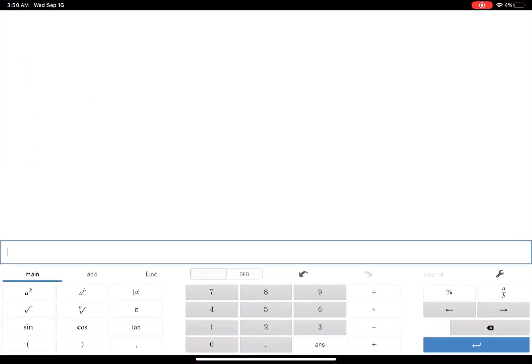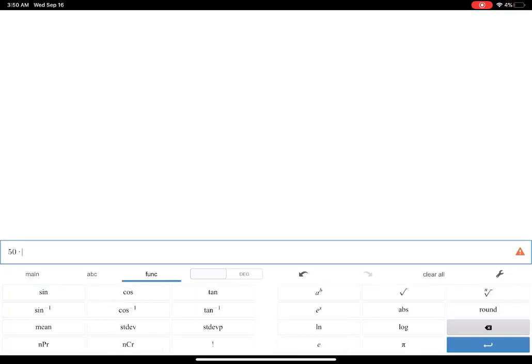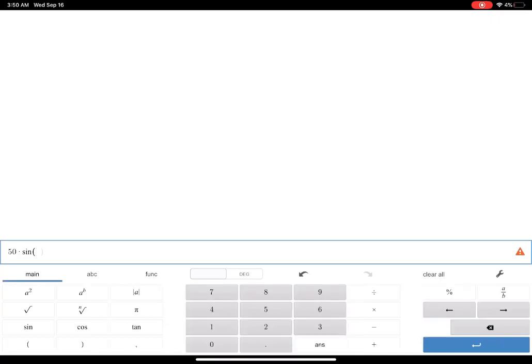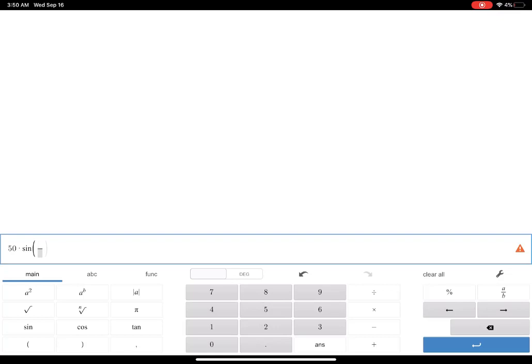All right, so here's where we go. We could say 50 times sine of what? Of pi over 15. And then what?